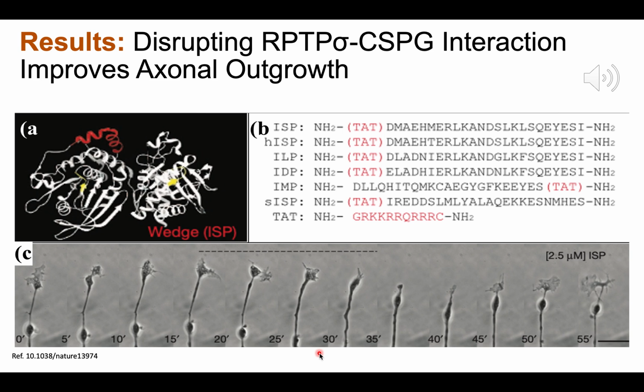So altogether, designing this intracellular sigma peptide to disrupt the interaction between the receptor and inhibitory molecule allowed sensory neurons to reform growth cones and cross this inhibitory gradient, which will allow them to reinnervate distal targets and have successful regeneration and functional recovery of the axon.